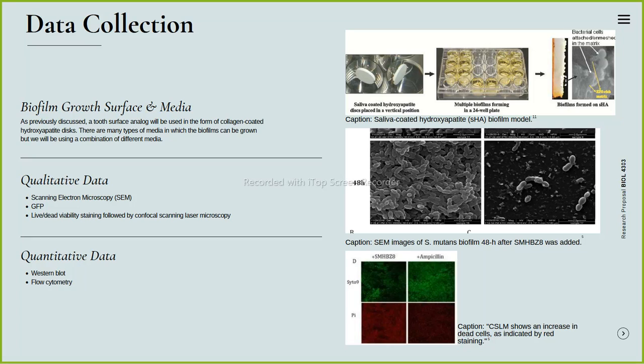The combination media will include saliva that we can collect from volunteers, and we can also somewhat supplement the volume of the media with additional different medias that have growth factors within them. For oral biofilms to develop, the dental pellicle, which is mostly composed of salivary proteins, needs to be deposited on the tooth surfaces.